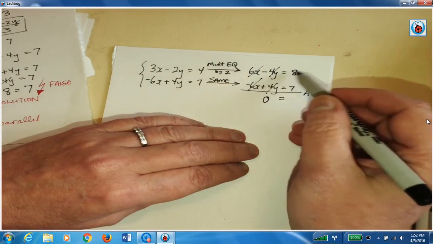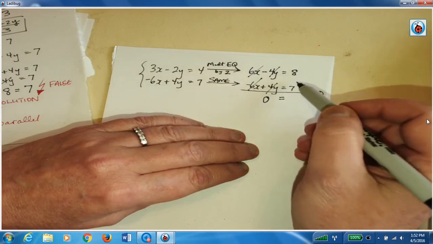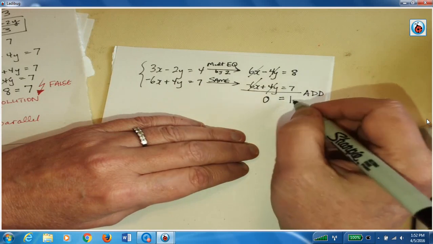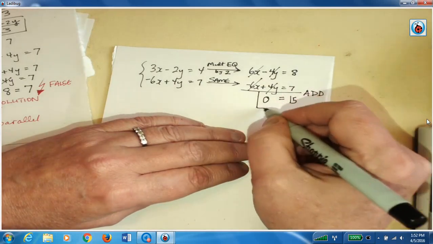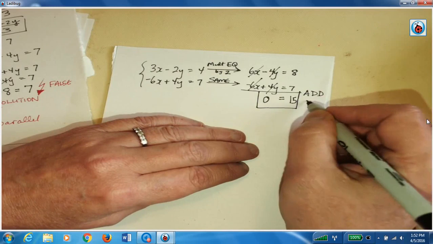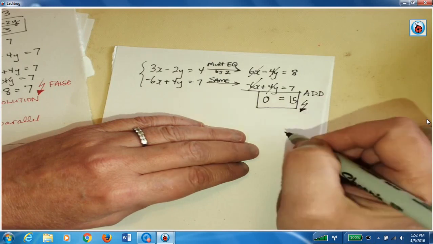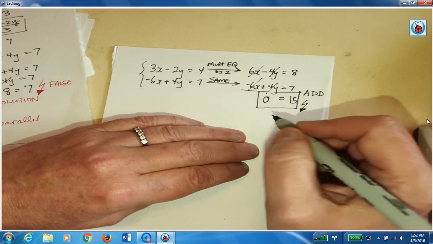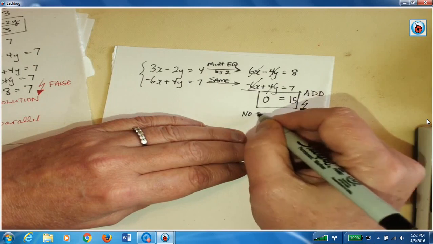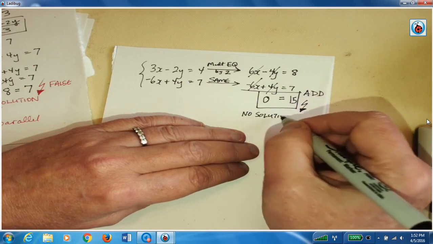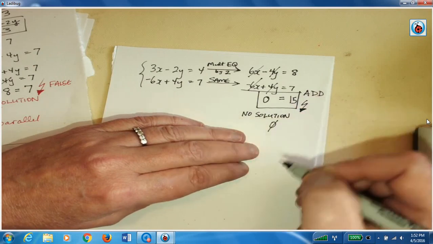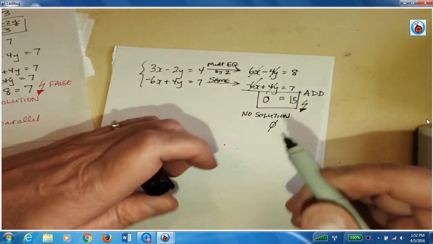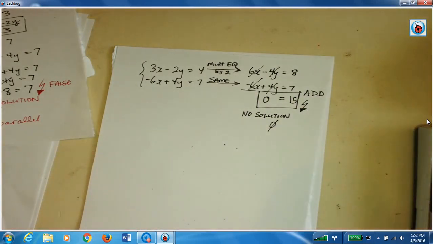But on the right-hand side, when I add, I have 8 plus 7 and I get 15. What we have here is a contradiction. That is not true. 0 is not equal to 15. So there is no solution. And what we have is, in fact, two parallel lines.